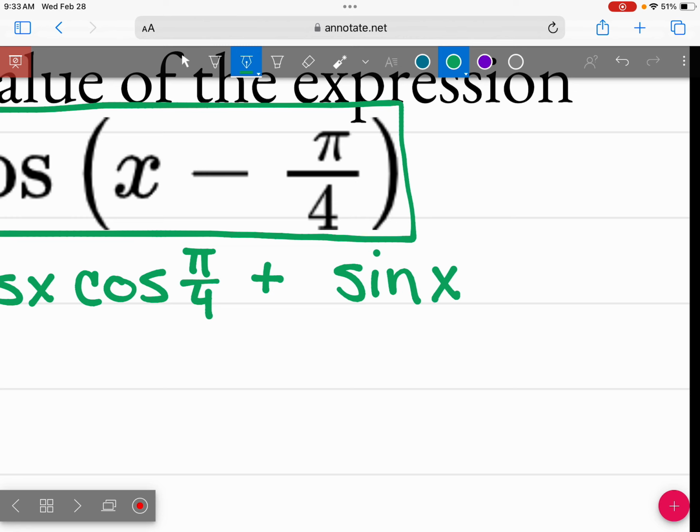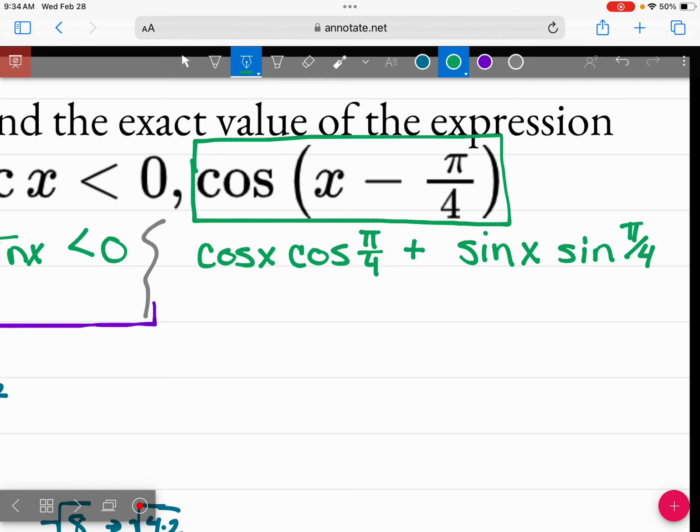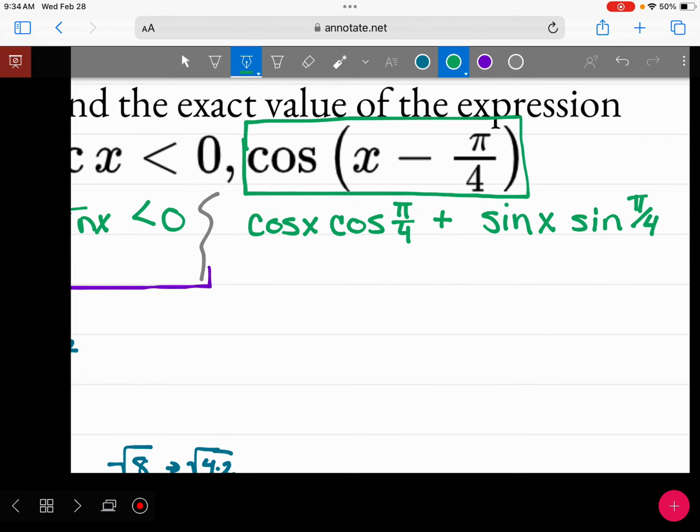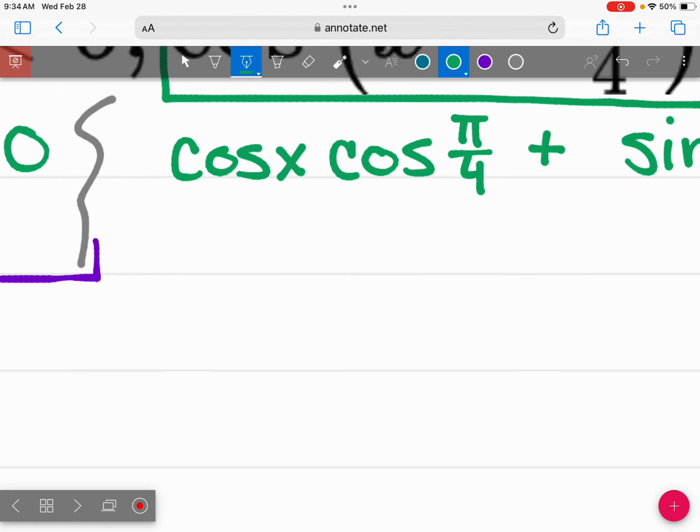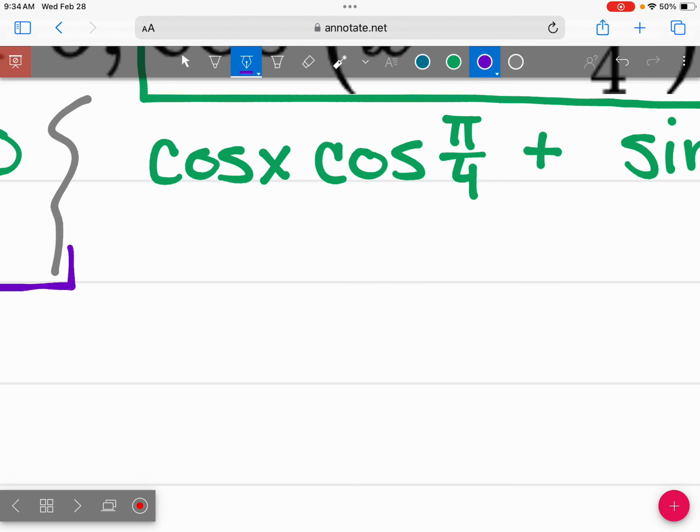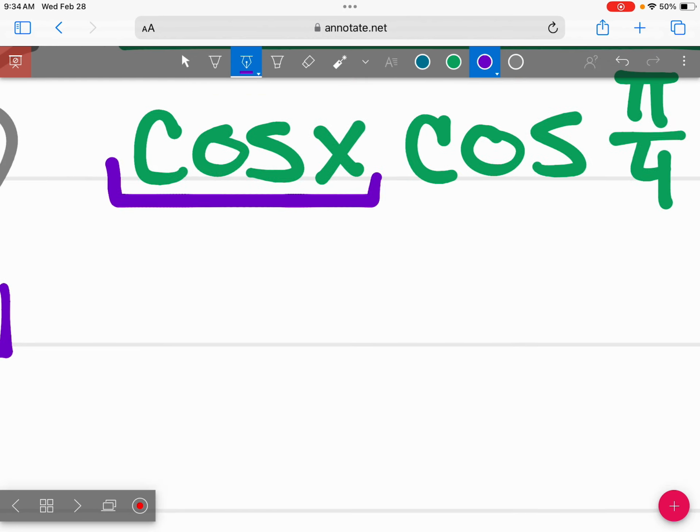Sine of x, sine of pi over 4. All of these pieces we could evaluate. So we want the cosine of our angle x.